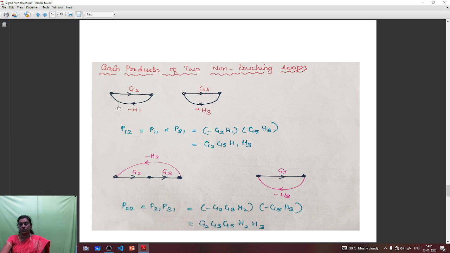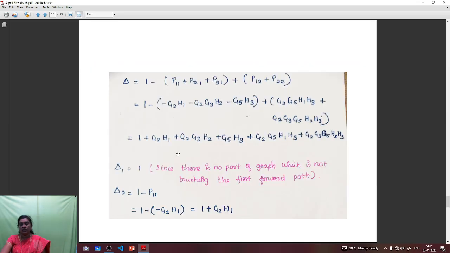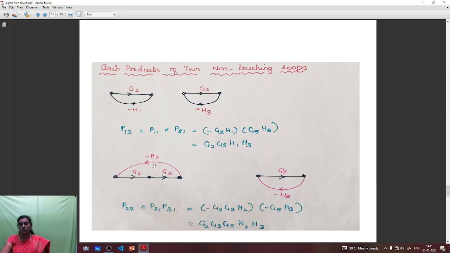For the first two non-touching loops, the gain can be represented as P12. So P12 is equal to P11 into P31. If you multiply, you are getting G2 into G5 into H1 into H3. Similarly, for the second two non-touching loops, we have to calculate the gain that can be represented as P22.